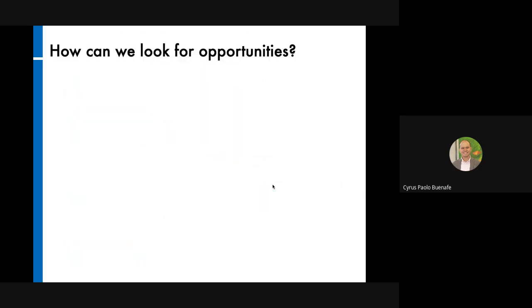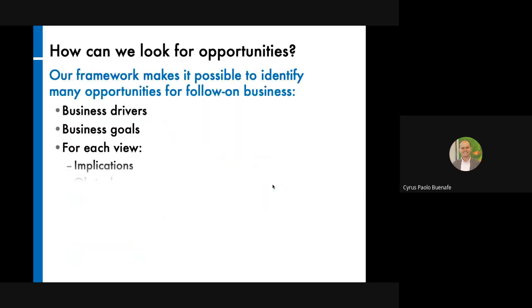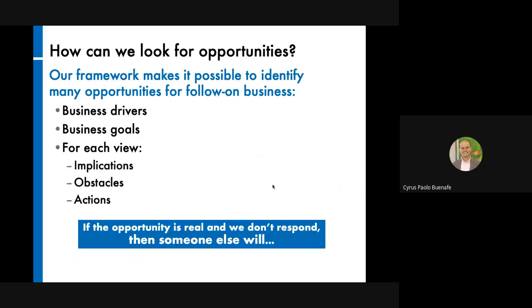So how can we look for opportunities? Okay, we've mentioned this in a way in the previous lectures. So we look at the drivers, we look at the goals, and we said the sources of drivers and goals, even principles, they abound, right? You can get it from published materials, you can get it from interviews, you can get it from any possible source.